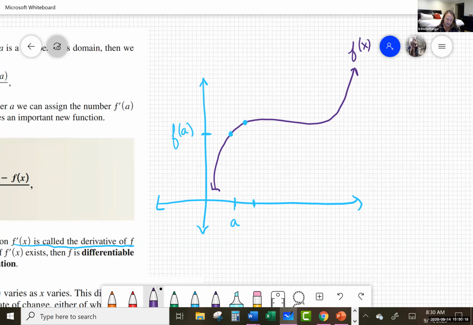So if I go over a distance of h here, then this value right here would be considered a plus h. Okay, so my x value here is a plus h. And so this y value, oops, it got a little bit too high. This is f of a plus h.